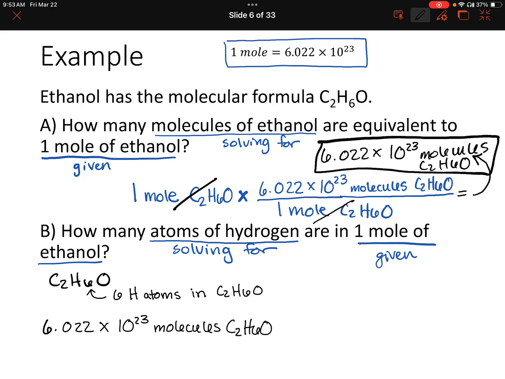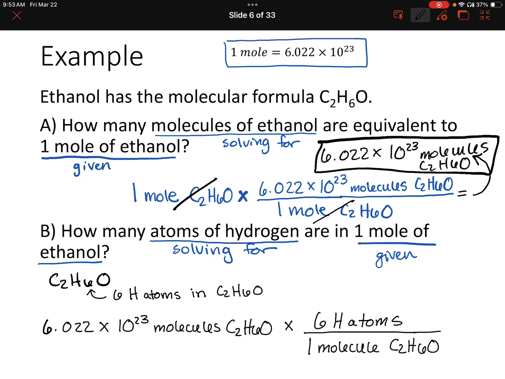So that's equal to 1 mole of ethanol. And then we're going to multiply that by 6 H atoms that are in 1 molecule of C2H6O. So we're really just looking at the ratios or the subscripts in our formula to figure out this answer.